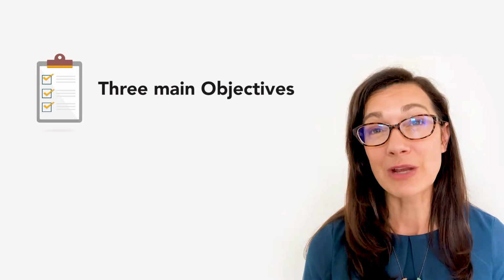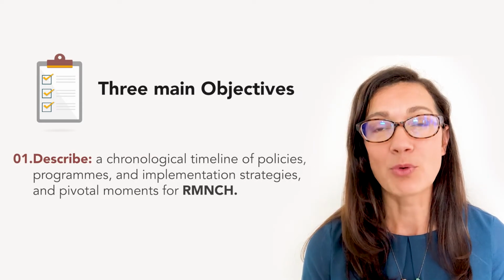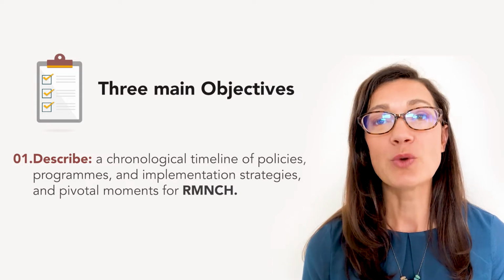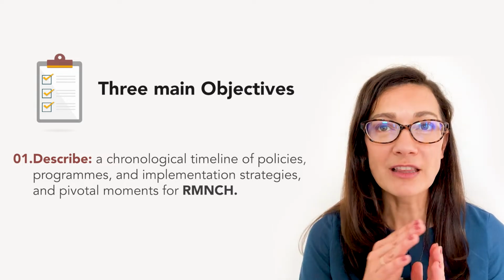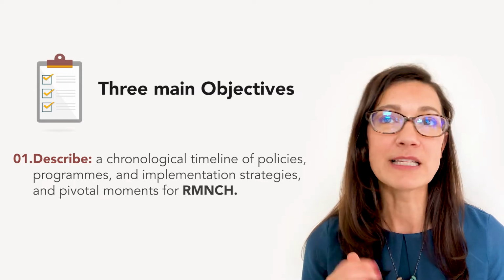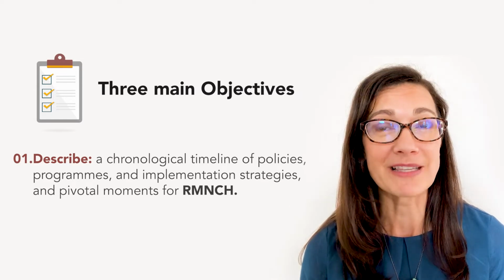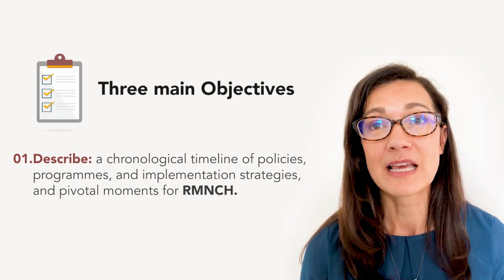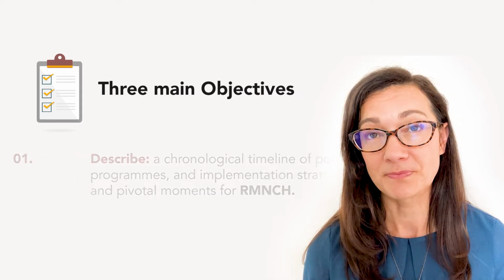The tool has three main objectives. First, it is used to describe what has changed. By using a standard template, the tool provides a way to chronologically document what policies, programs, and implementation strategies, as well as pivotal moments, have changed over time. This output is often shown as a figure of a timeline.